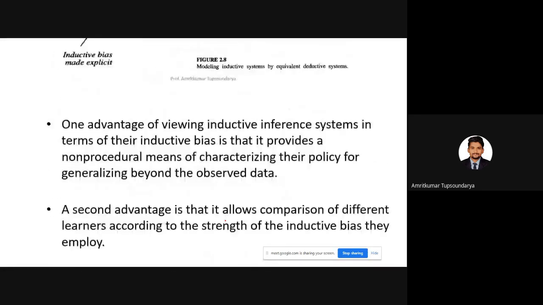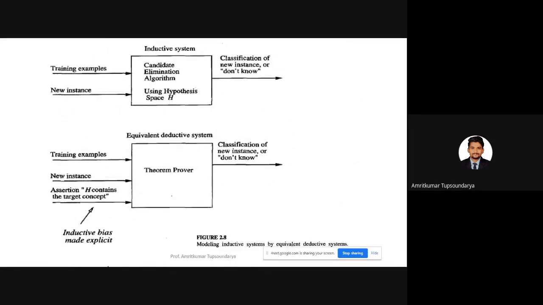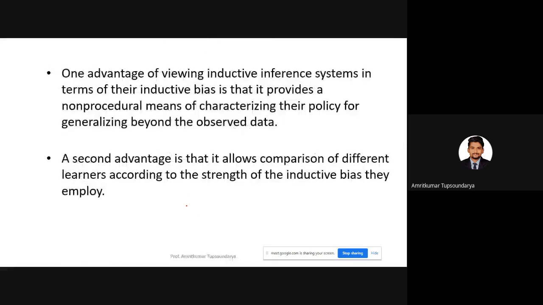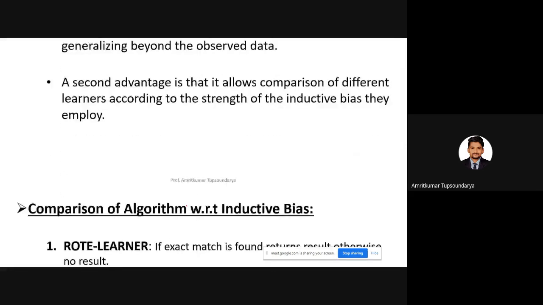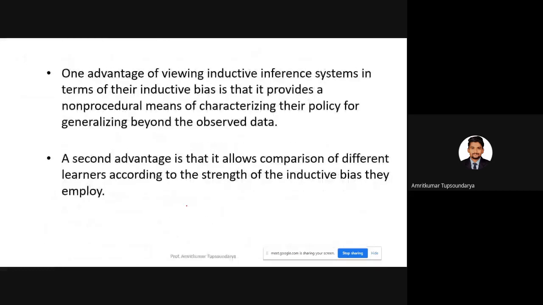Apart from that, we discussed how including an inductive bias in our learner or inductive system can play a role, how by making use of assertions it makes an impact, and how it gives us more accurate results compared to the simple candidate elimination algorithm.